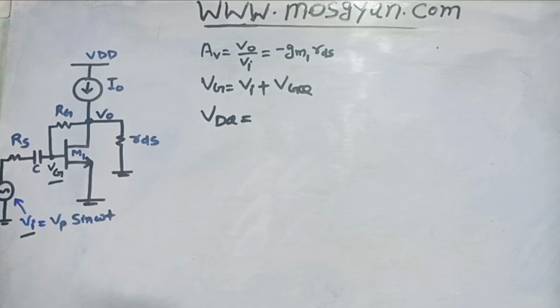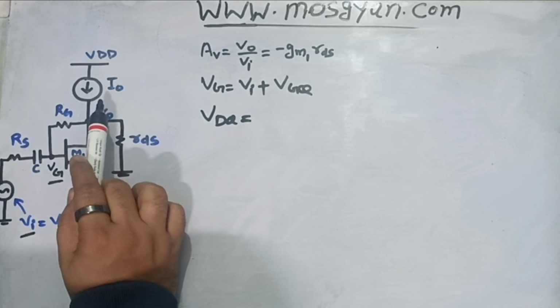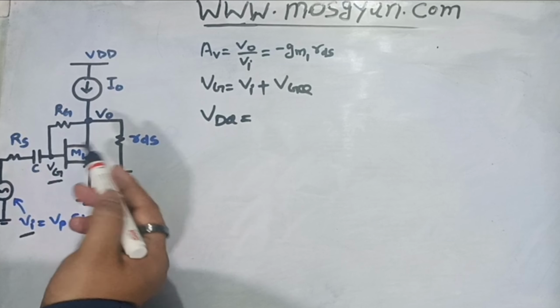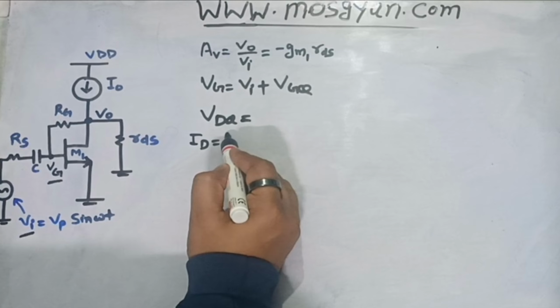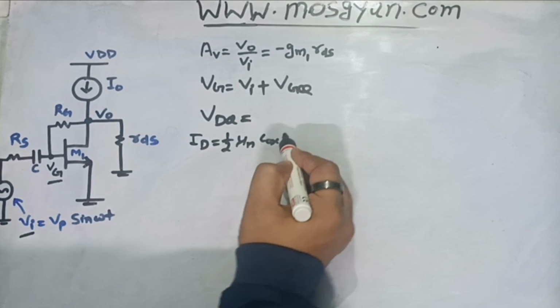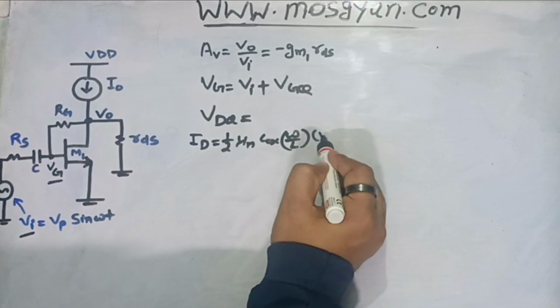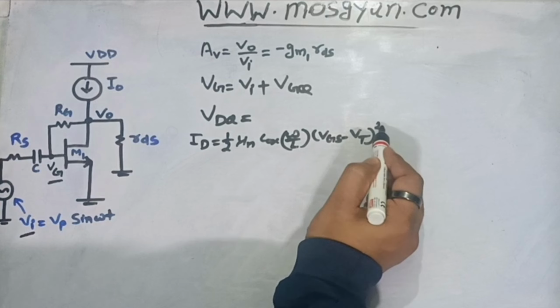So first of all, let's try to calculate the value of quiescent potential at drain. Now if you carefully observe this circuit, this is biased by one DC current source I0. This amplifier will work in the saturation region. So the Id current, we know the equation for that: half mu n Cox W by L into (VGS minus Vt) whole square. This is the equation which we follow.